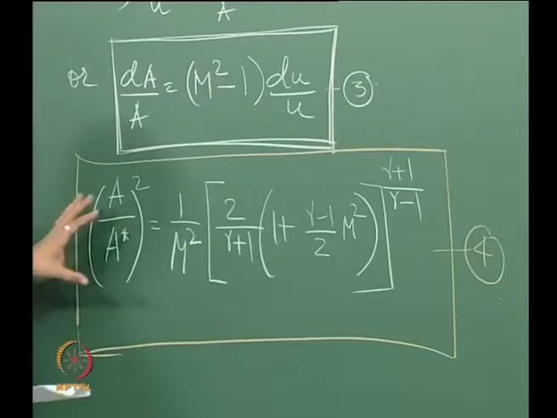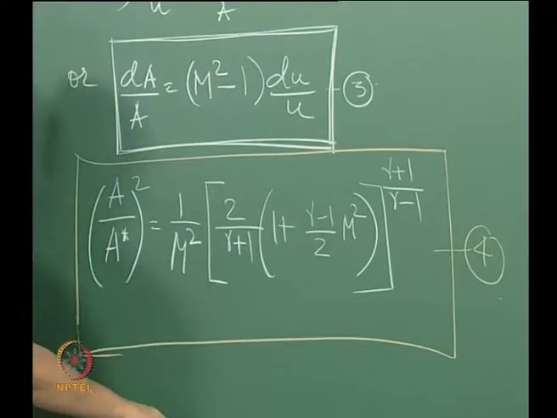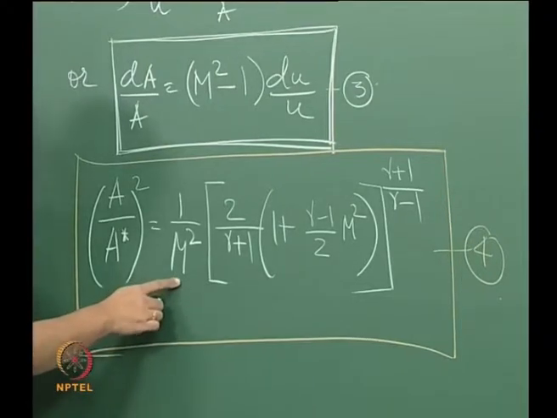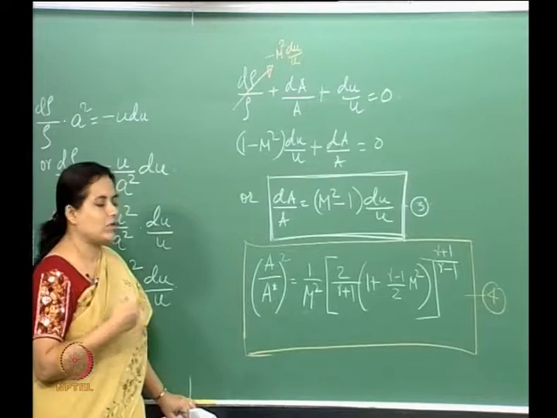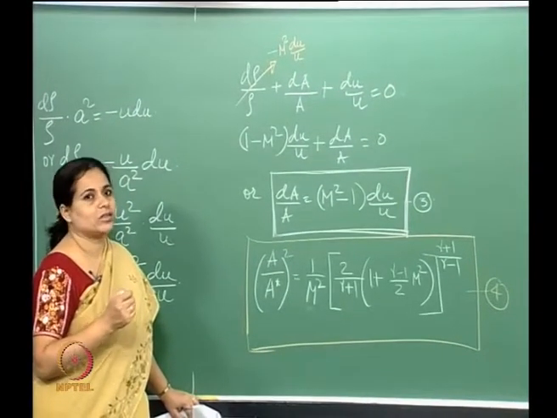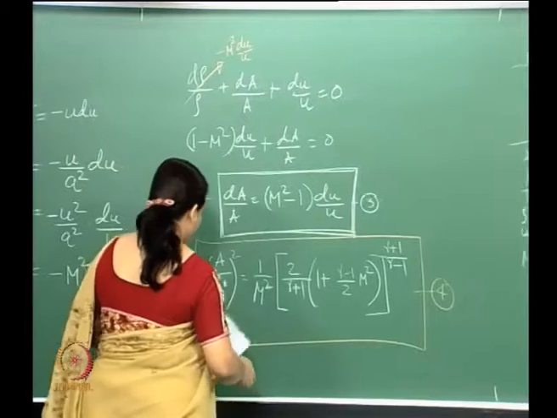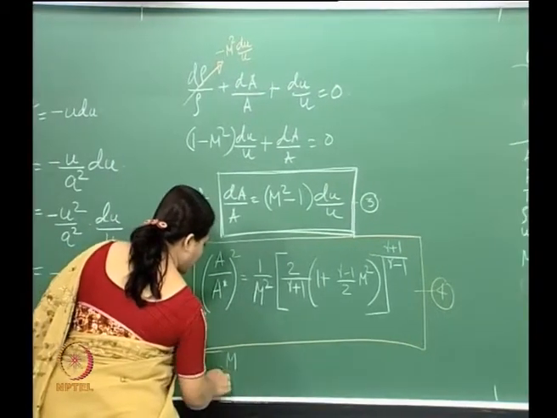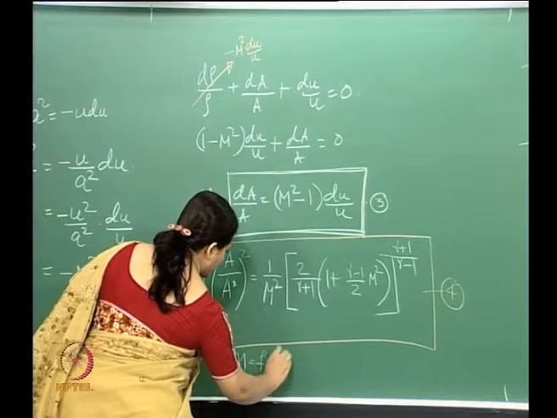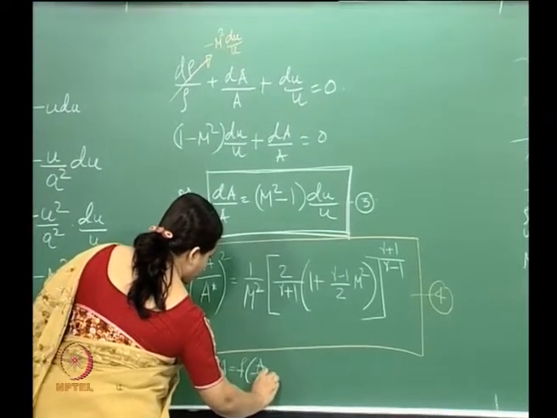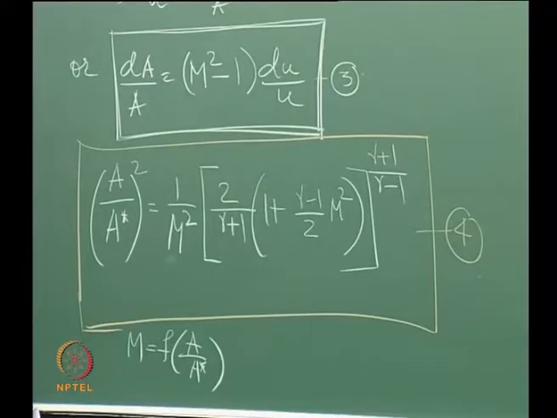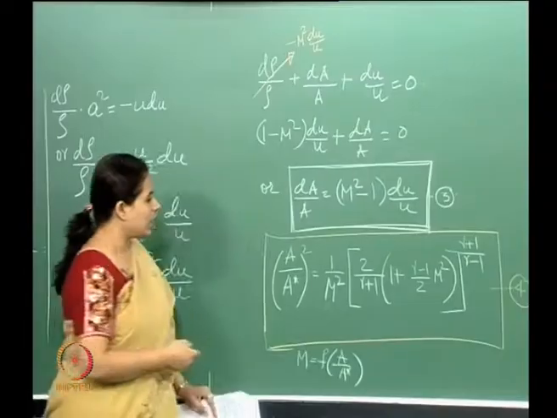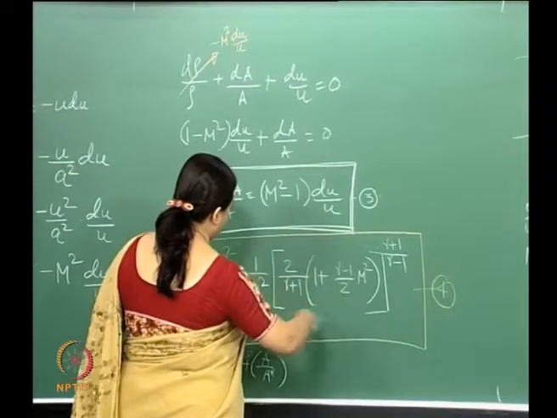You can also see from here that the local Mach number is a function of the ratio of the local area to the area at the throat.